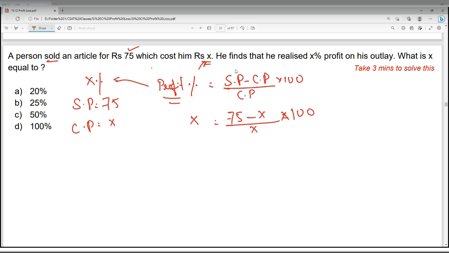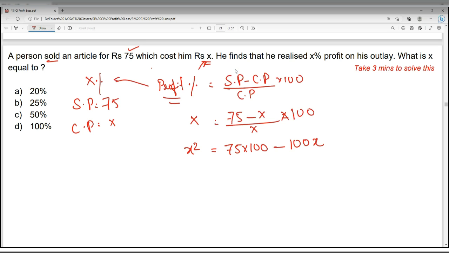So for now, we'll multiply this here. This is X square, X into X is equal to 75 into 100 minus 100x.